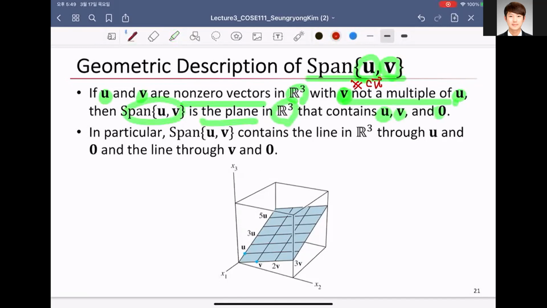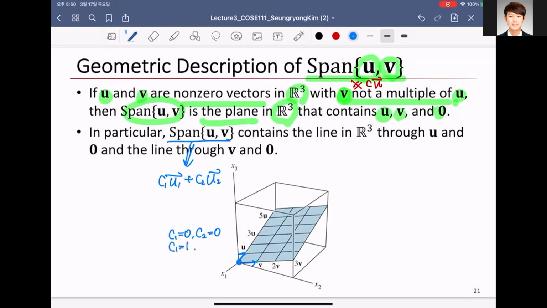Let's suppose that vector U is here, vector V is here. Then the span of U and V is C1 vector U plus C2 vector V. By arbitrarily combining C1 and C2, you can find any point. For example, C1 is equal to 0 and C2 is equal to 0, then the point is here, the zero vector.